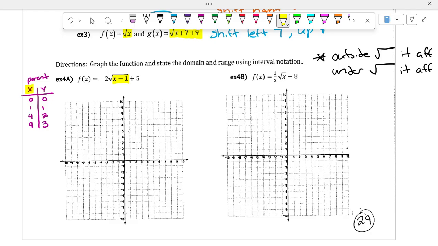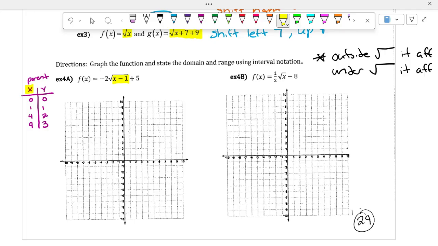What's the lowest value when we evaluate that we can have under the radical? 0. Well, if we subtract 1 from 0, that gives us negative 1. Is negative 1 minus 1 0? No. Negative 1 minus 1 is negative 2. But what number subtracted from 1 is 0? Positive 1. 1 minus 1 is 0.